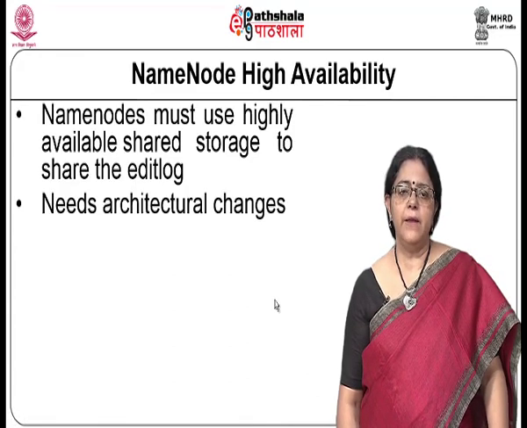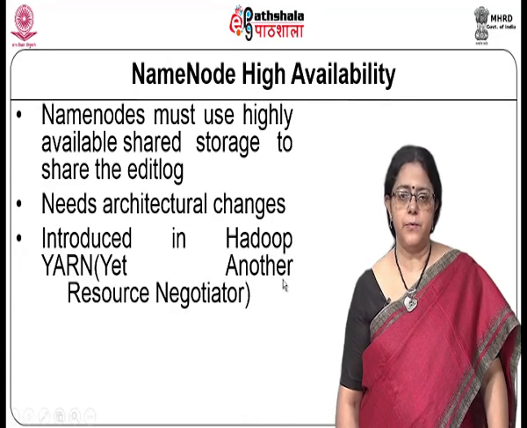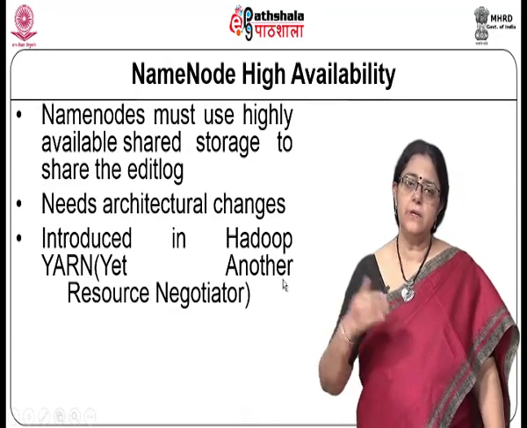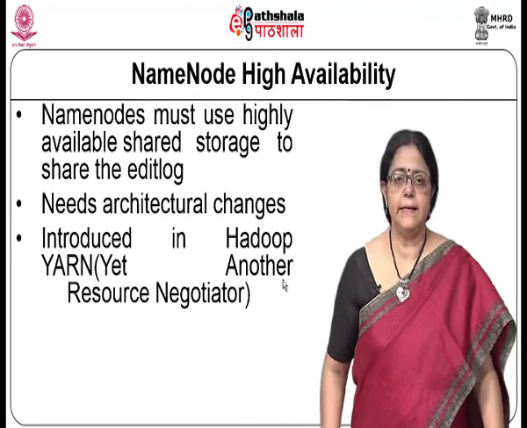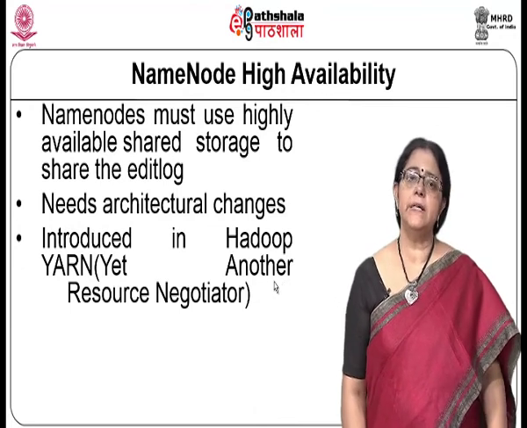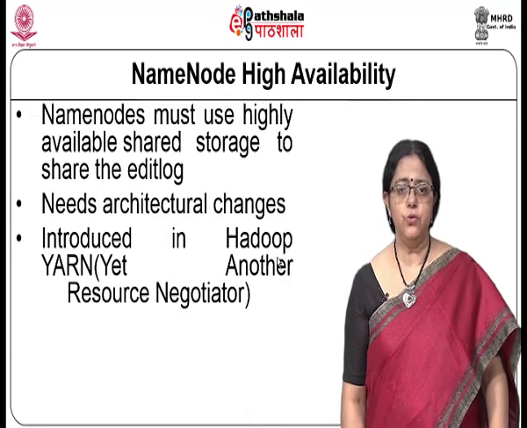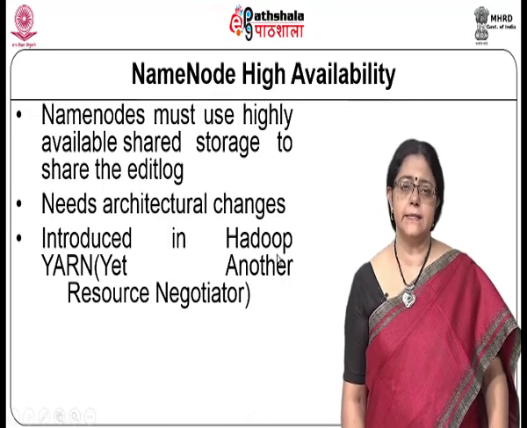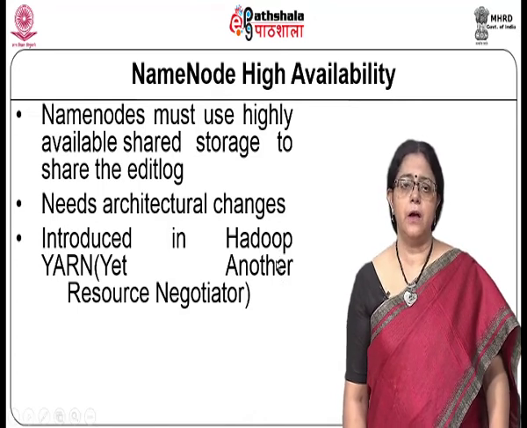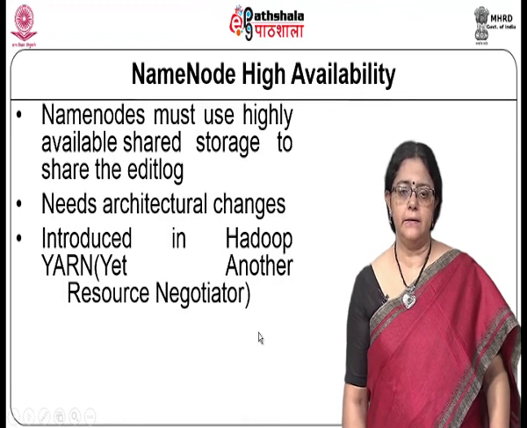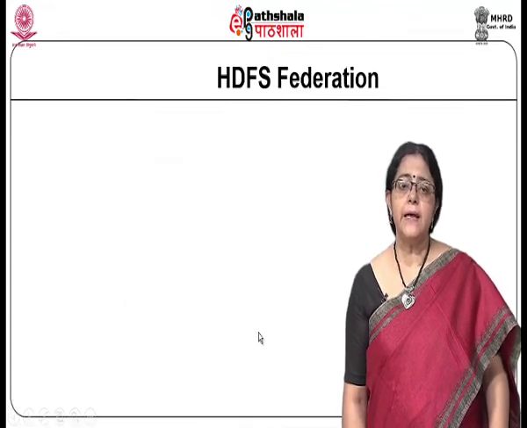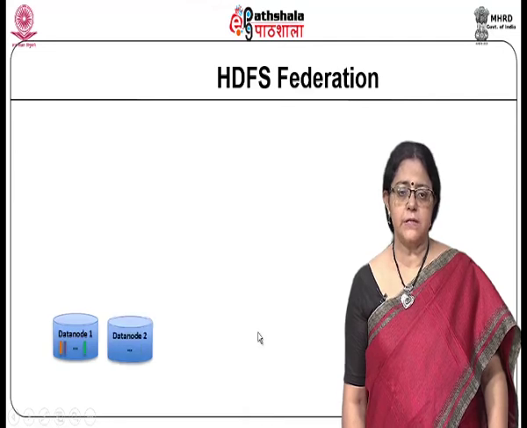So, whenever there is a problem with the active name node, the standby name node immediately takes over. This is a feature that has been incorporated in the recent version of Hadoop called YARN, yet another resource negotiator.